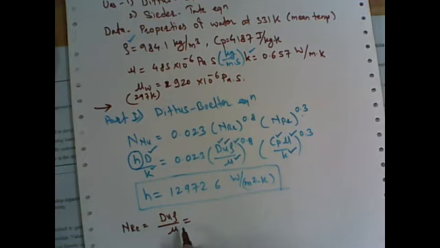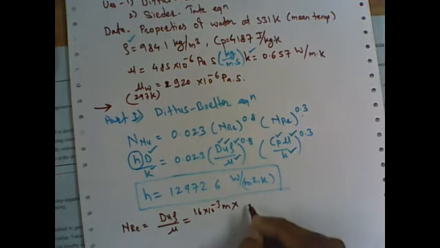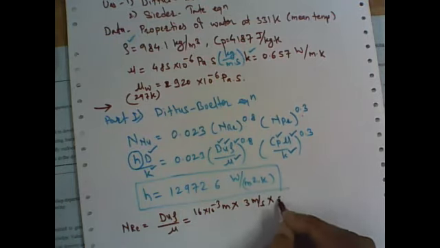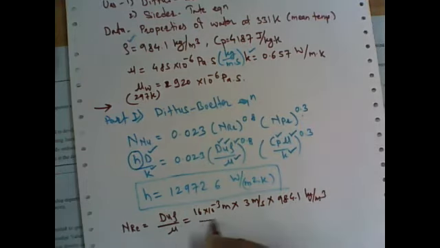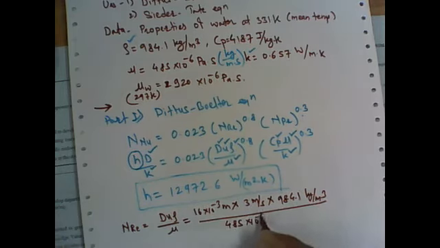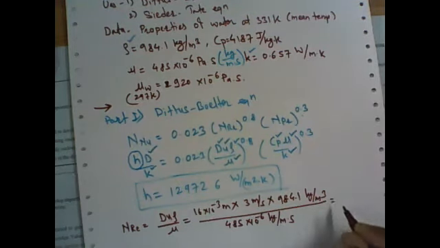The value of D is 16 mm or 16 into 10 raised to minus 3 meter. Then the velocity is 3 meter per second. Density is 984.1 kg per meter cube divided by mu, that is 485 into 10 raised to minus 6 kg per m s. So we get approximately 97395 as the Reynolds number.